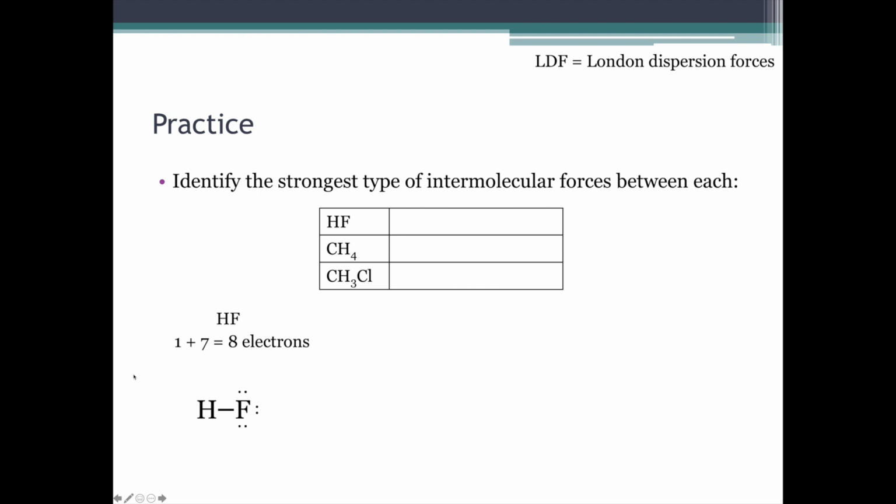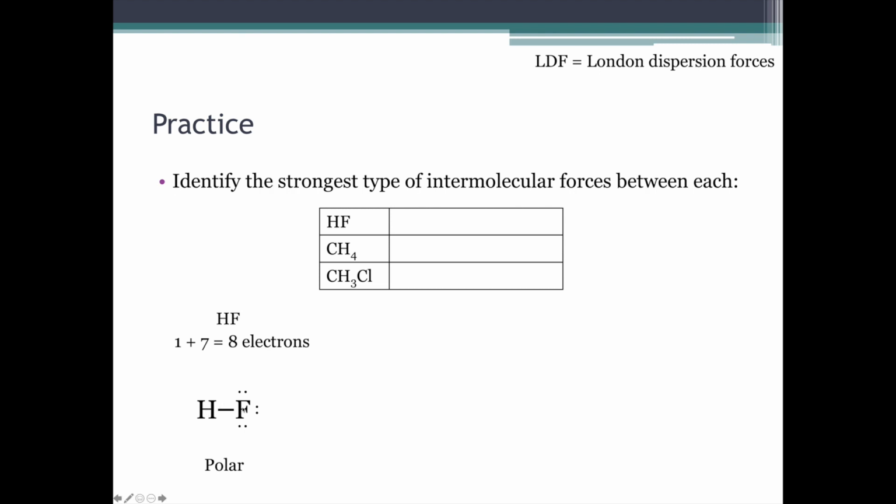Now looking at this molecule, it is not symmetrical. It has an uneven charge distribution. The hydrogen has less electrons than the fluorine does, so this is a polar molecule. So right off the bat, I'm thinking dipole-dipole. But this is a hydrogen attached to a fluorine.